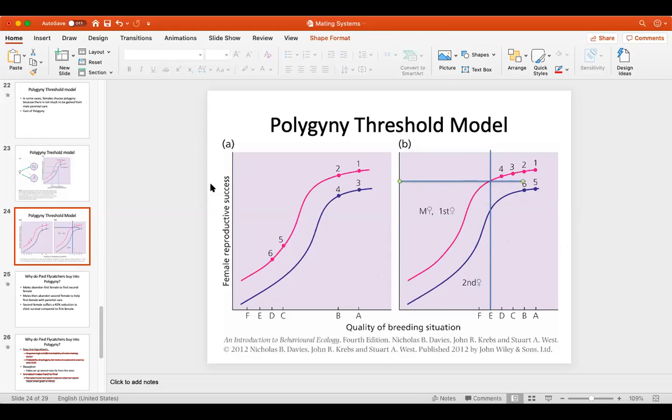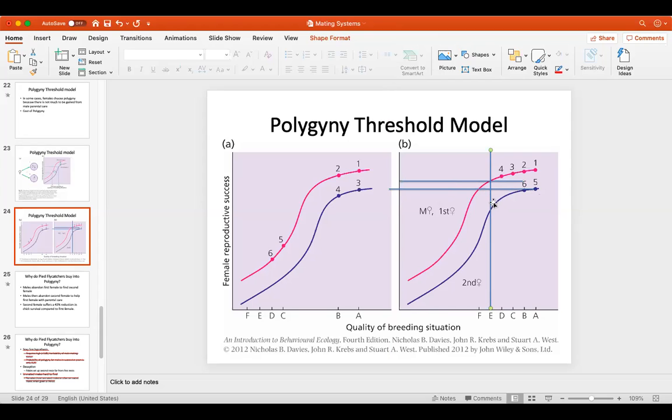That shows you what fitness is if you become a monogamous female in this territory versus being the second female here. So your figure in the book is actually wrong. Because it makes more sense for individual 5 to be monogamous here than to be polygynous here.